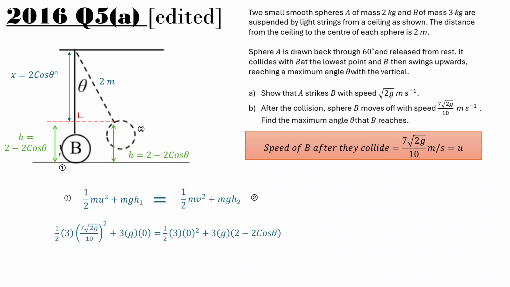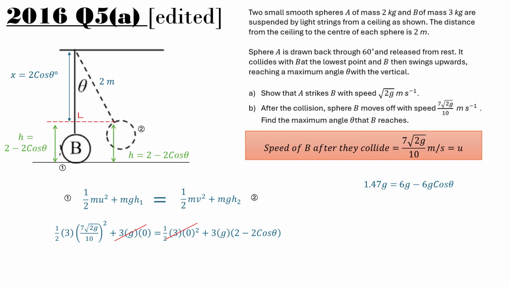So this is what it looks like when we've subbed in. Be very careful. We've moved to mass MB, which is 3 kg, unlike the 2 kg we were working with for A. We can get rid of anything with our zeros and we can do a little bit of cleanup here. I like to leave it in terms of g because we're getting theta. There's no issue subbing g in.